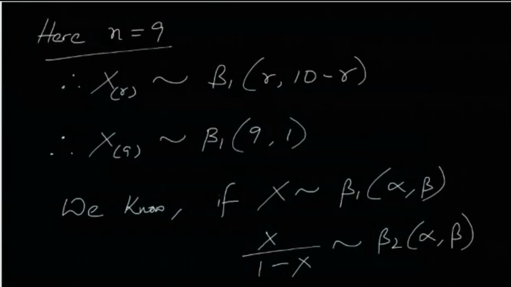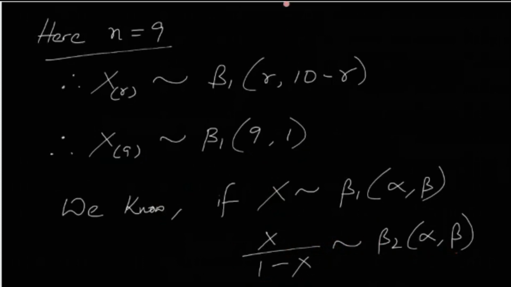Now here n is 9, obviously. A random sample of size 9 has been taken. So X order r becomes beta distribution of the first kind with parameters r and 10 minus r. So X order 9 becomes beta 1 with 9 comma 1. Now we know that if X is a random variable with beta 1 distribution with parameters alpha and beta, then X by 1 minus X follows beta 2 distribution with parameters alpha and beta.